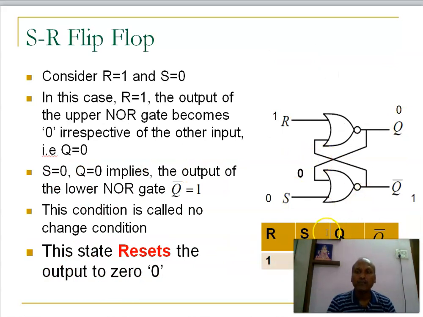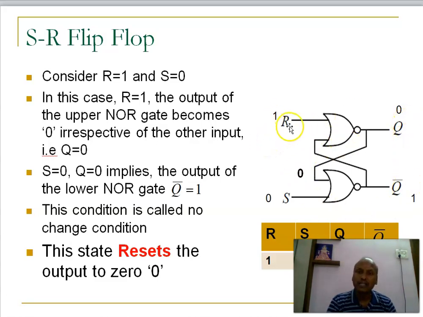Here, when reset is 1 and set is 0, whenever one of the inputs is 1, the output naturally becomes 0 because of the NOR gate logic. This 0 is fed back here, and 0 and 0 becomes 1, and this 1, irrespective of whatever is the other input, because of this R, it becomes 0.